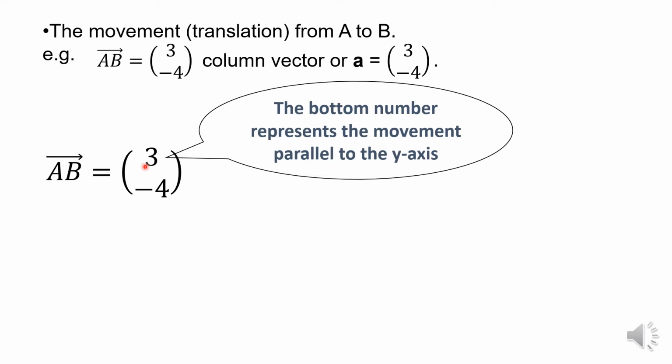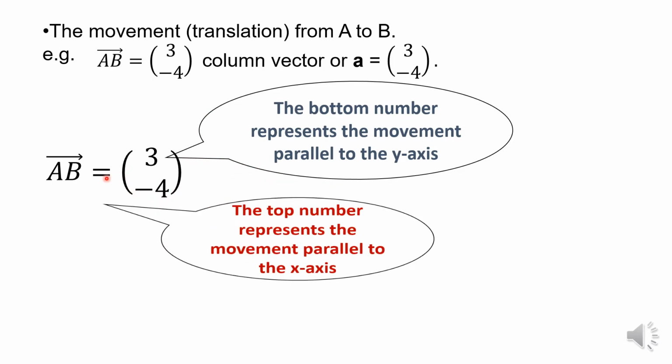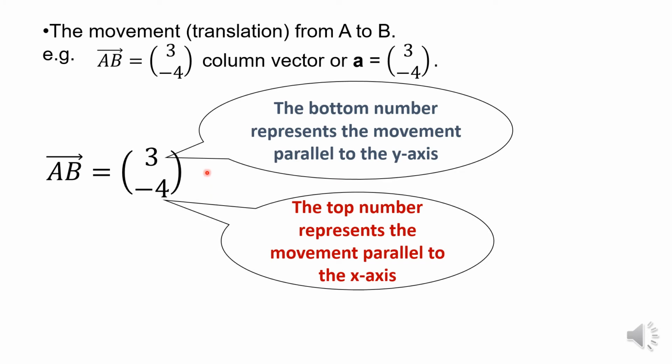So if this value here is positive, then you are moving in the right direction. If it's negative, you go to the left. The value underneath, it is parallel to the y-axis. That means it's up and down sort of movement. So remember we are talking about the translation, the sliding movement.